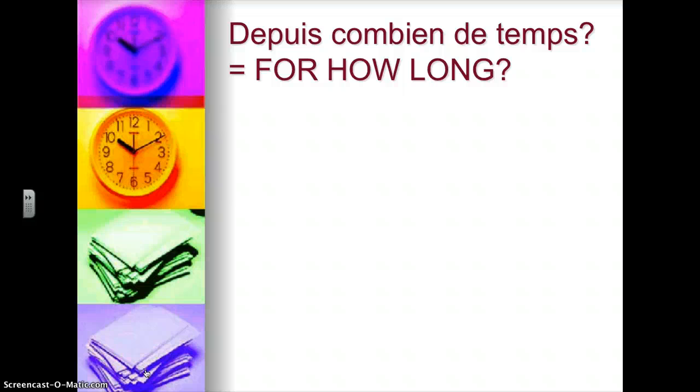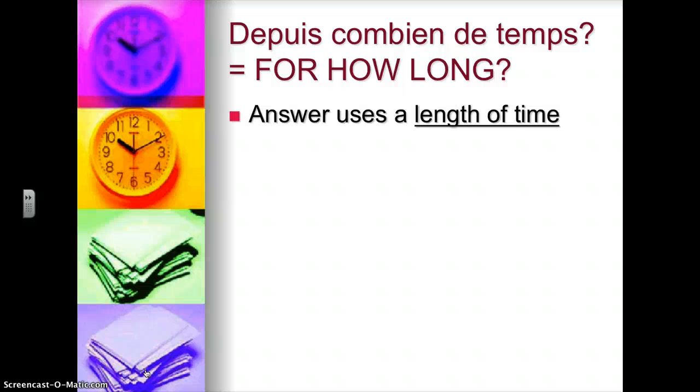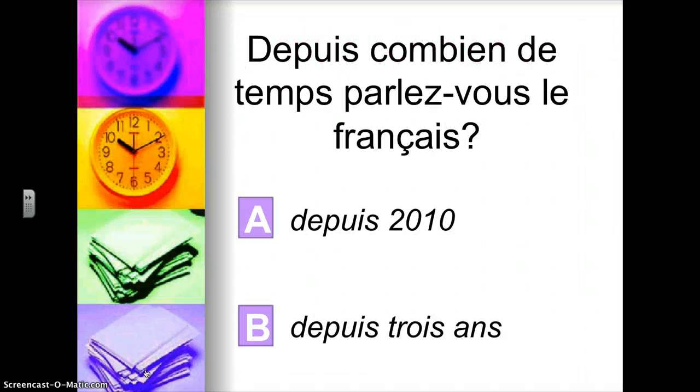For how long. So for how long, I need a length of time in my answer. And that was the difference between those two questions that we just did in English. That's why some answers worked and some didn't, whether or not I needed a specific date or a length of time in my answer. So you gotta pay attention.